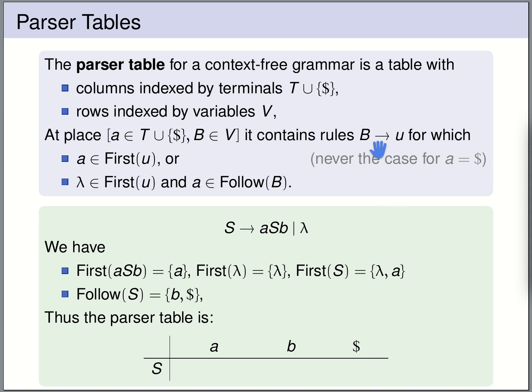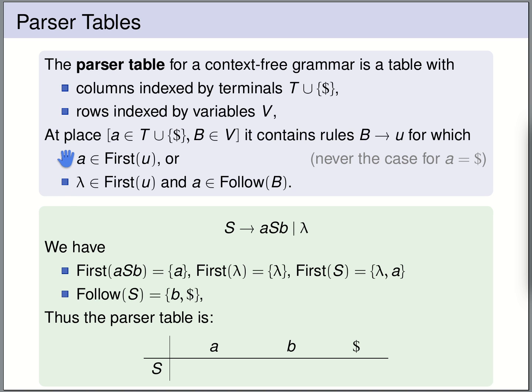And what rule do we put in what cell? This is defined here. We look at the cell in column A, so A is a terminal letter or dollar, and in row B, so B is a variable. We put in this cell all the rules B rewrites to U, where one of these conditions holds.